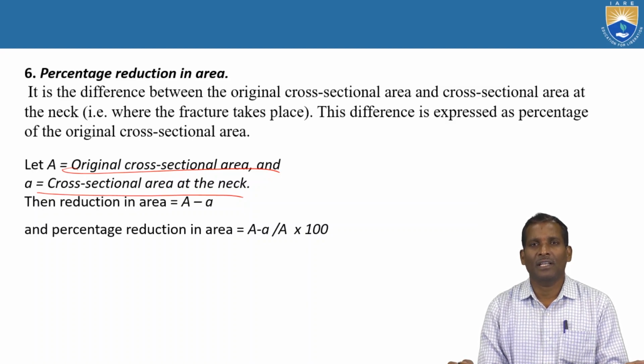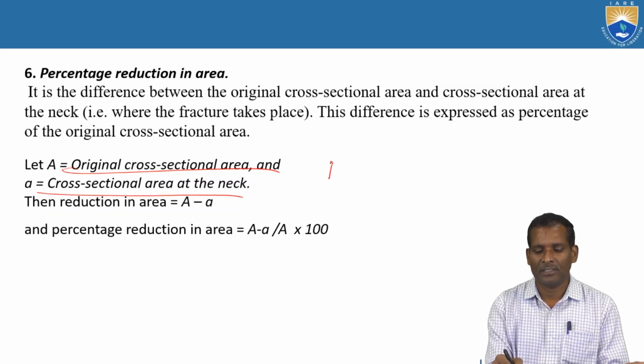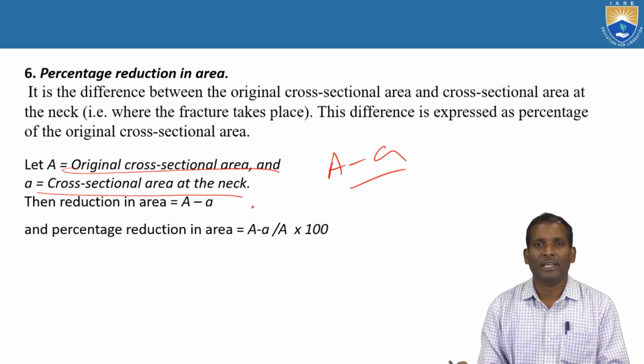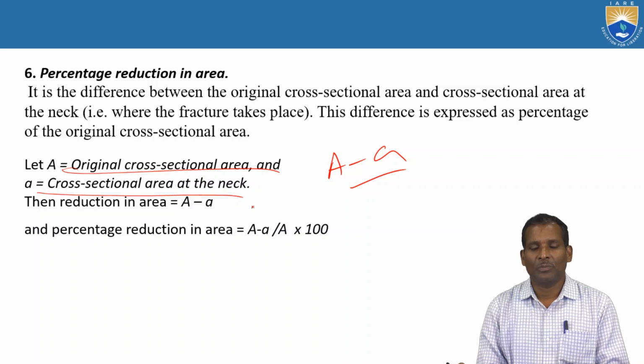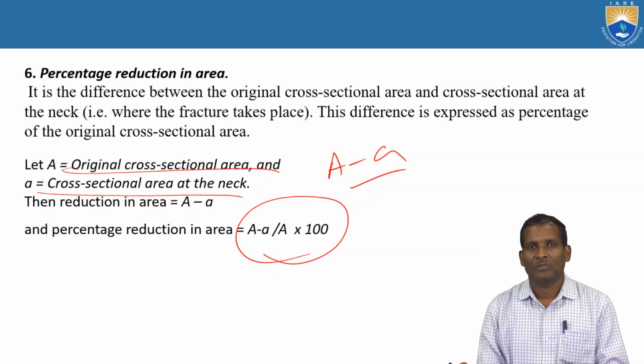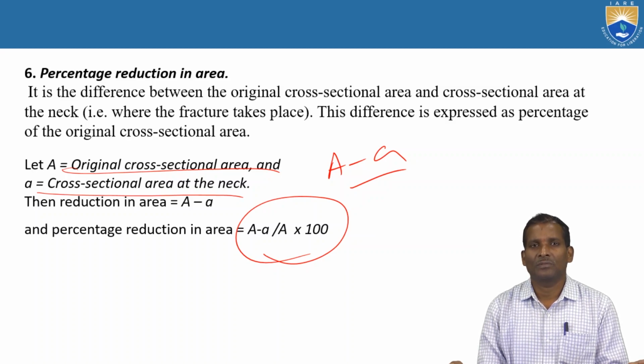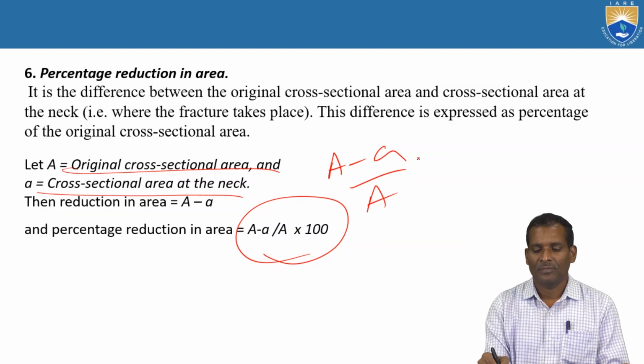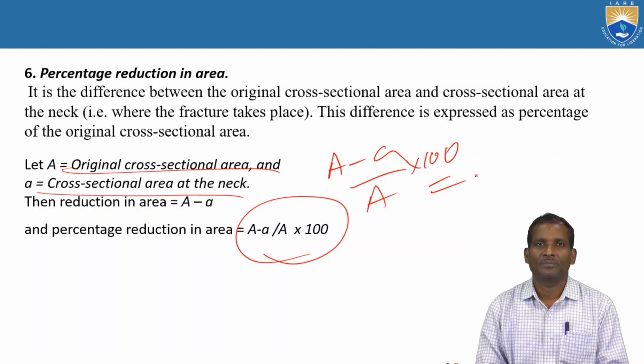The reduction in area is the original area minus the neck area. So the percentage reduction is (A minus a) divided by A, multiplied by 100.